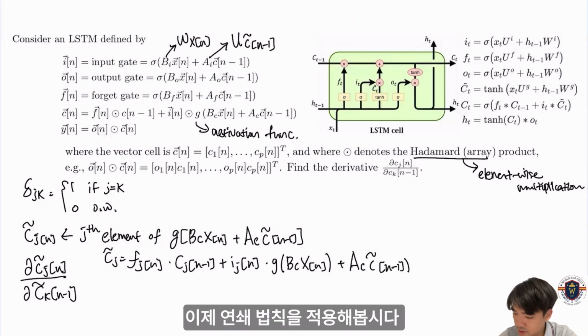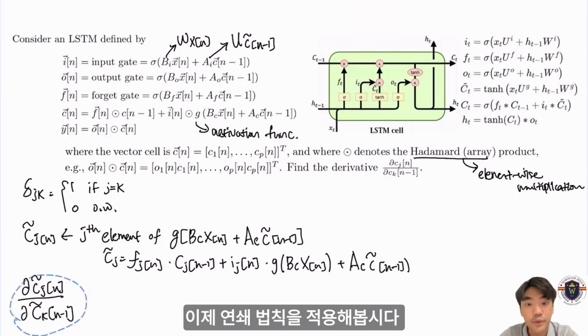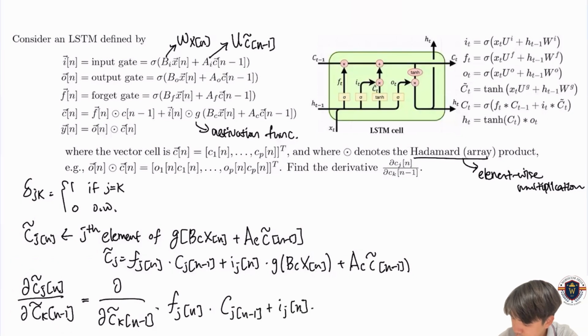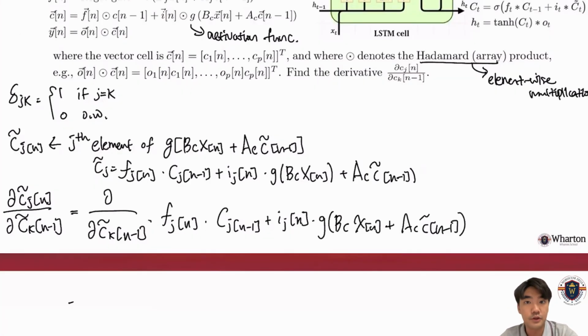Now we can apply the chain rule with everything. I'll break it down with the chain rule. This is the partial derivative of the candidate state with respect to the previous state n minus 1, multiplied by everything here. And we can break this even further into individual terms.